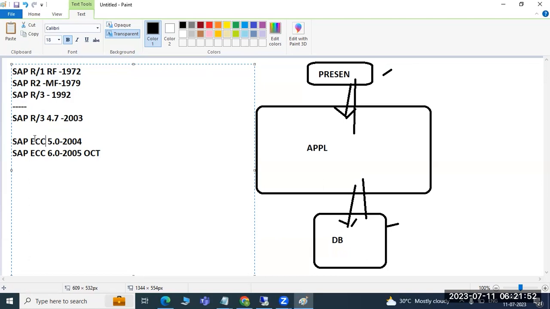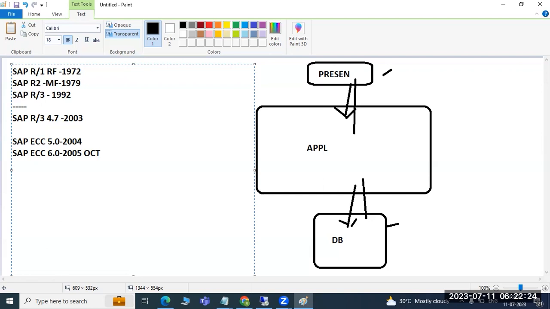ECC is a critical component and is mandatory for each and every organization. ECC is the first product, and that's why it is maintained as the enterprise core component. It is a very critical, transactional system.